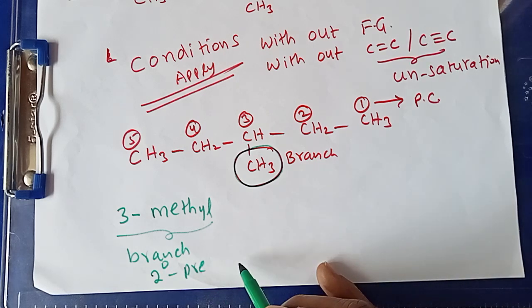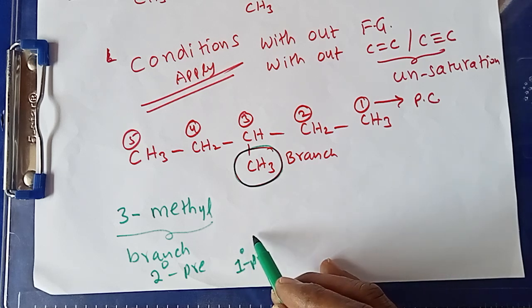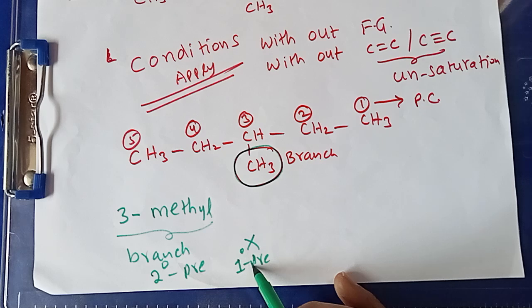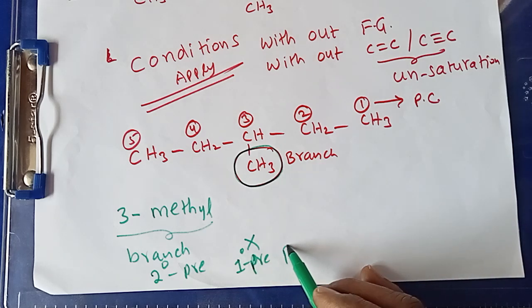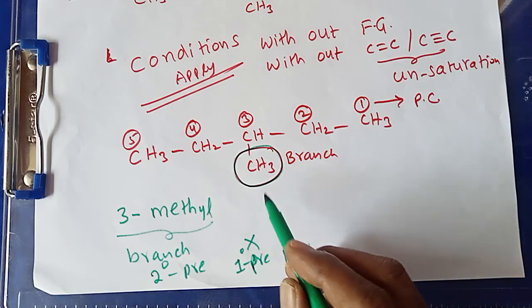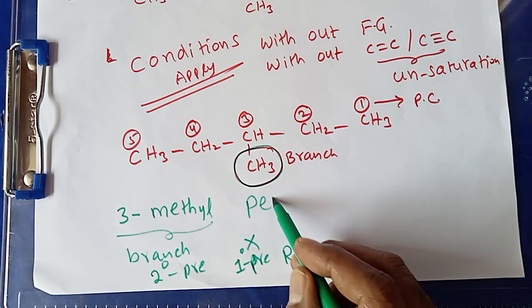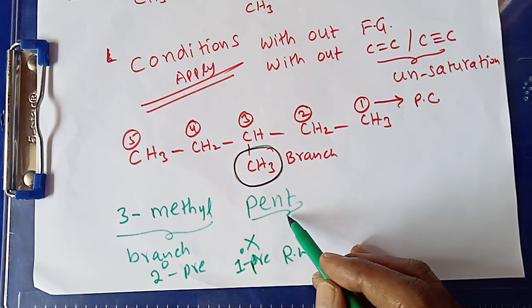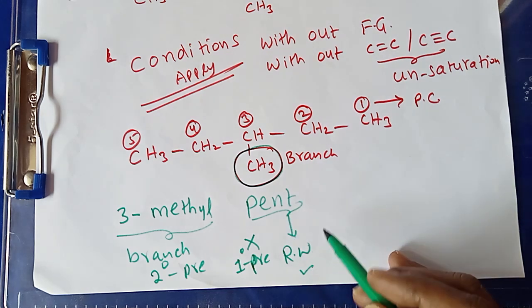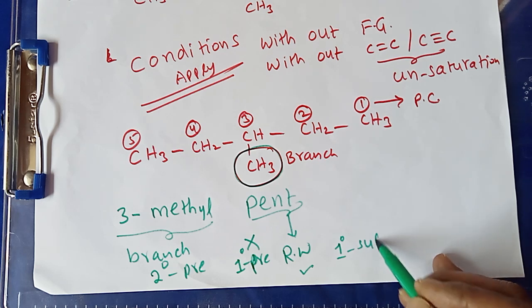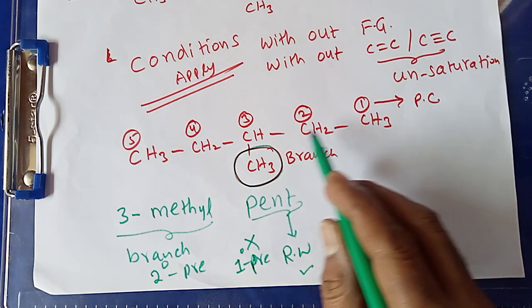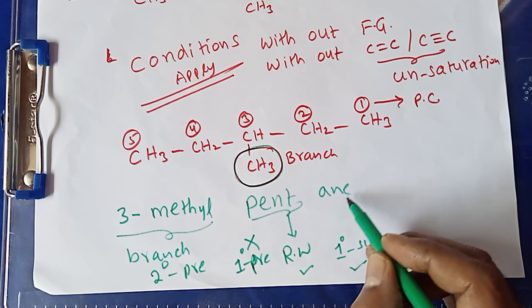Next, primary prefix. Primary prefix here is cyclo, not present because there is no cyclo group. Next, root word, RW. What is the root word? 5 carbons, pent. Pent is the root word. These two are compulsory. The primary suffix is for single bond, so ane.